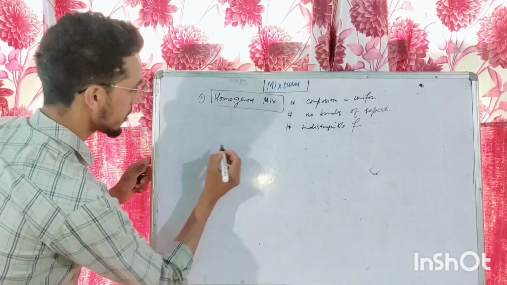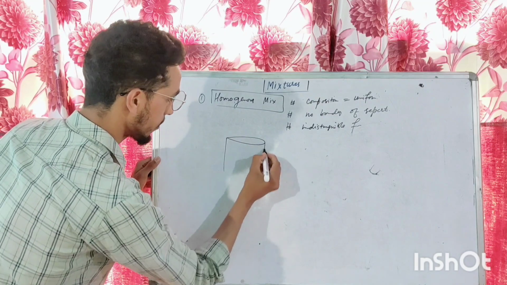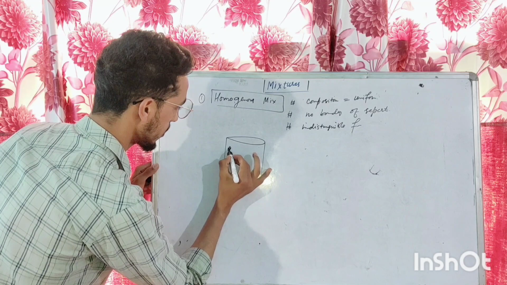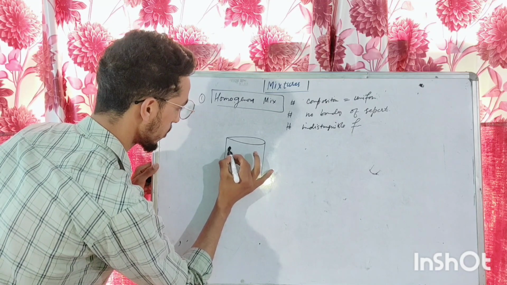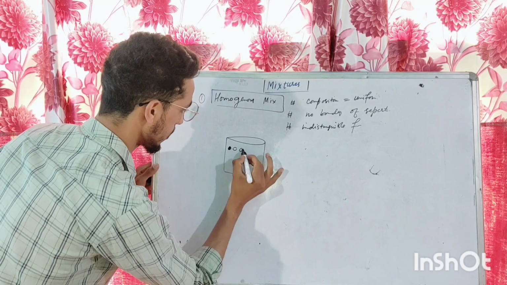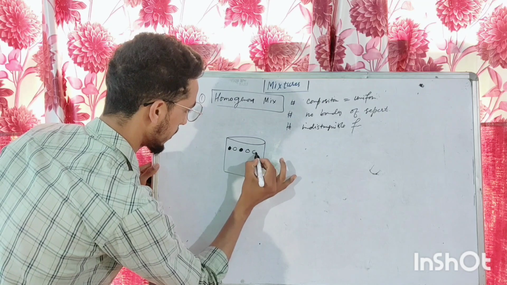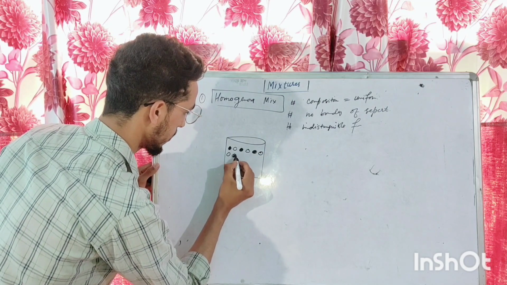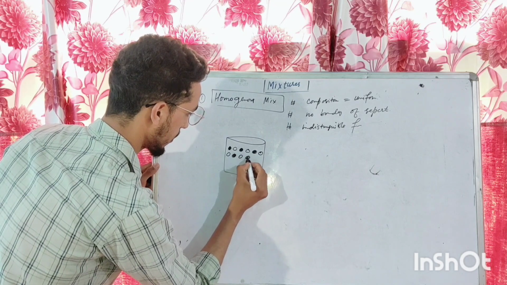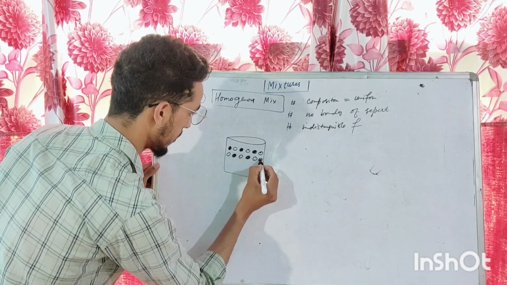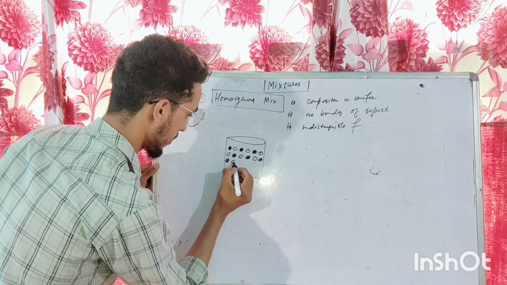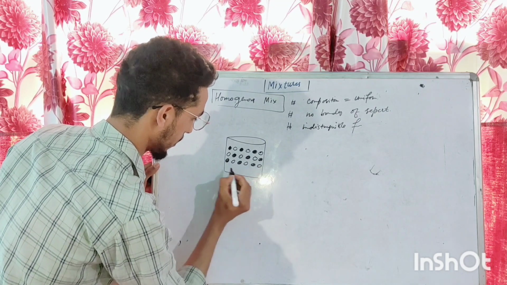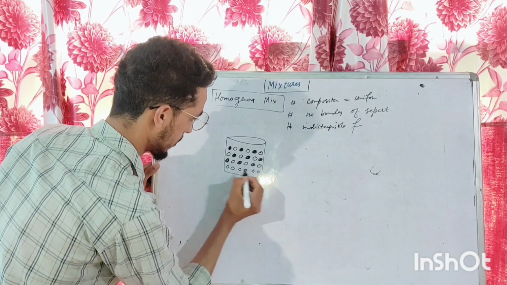Now let's take an illustration, a diagram. Diagrammatically, it's very easy to understand. Suppose in this beaker there are some components, some dark shaped, some light shaped. Dark, light, dark, light, and so on.